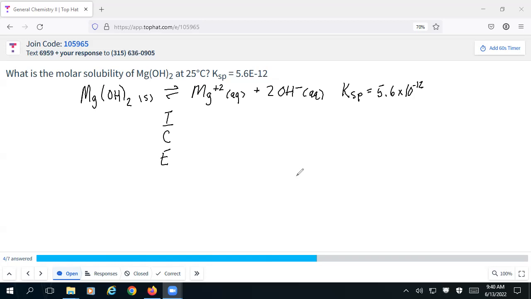So this sets up very similarly to how a lot of our problems have gone thus far. We're just looking for the molar solubility here. So we've got no magnesium, no hydroxide initially. We're going to have x and 2x because of the stoichiometry being added.